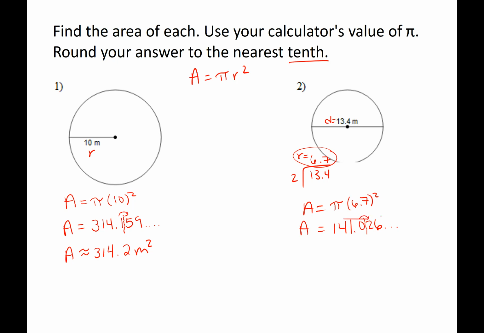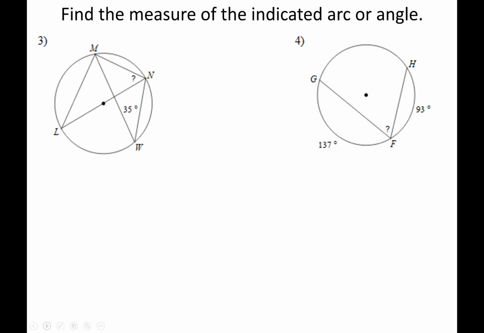So look back, it is a 2, which means that it is not going to change. So I would round that to area is approximately 141.0, and that would be meters squared. On to the next one.